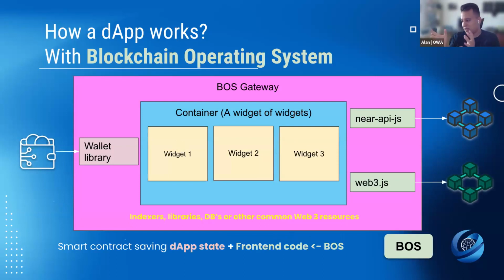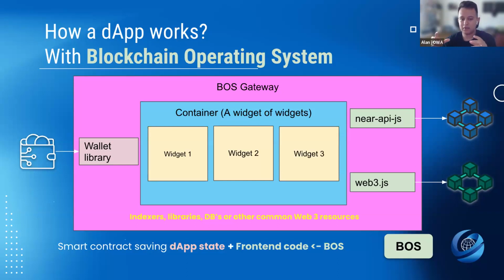Later, we can make multiple widgets that will do different tasks to start building our website or the front end of our application. And we can put all these widgets in containers. These containers could have different widgets that we order to see which are useful for the solution that we are proposing. And all this is rendered in a gateway.